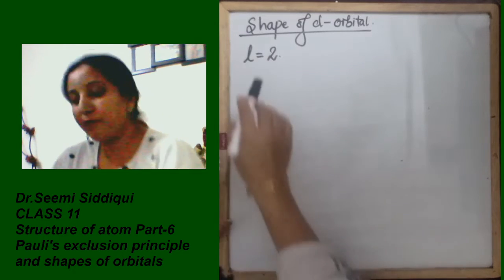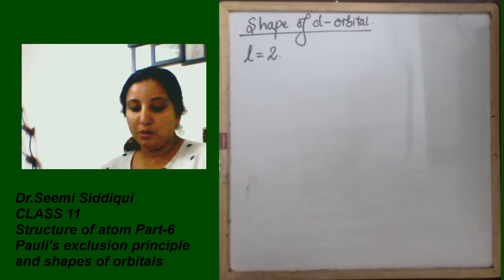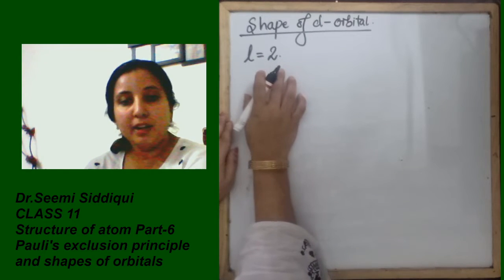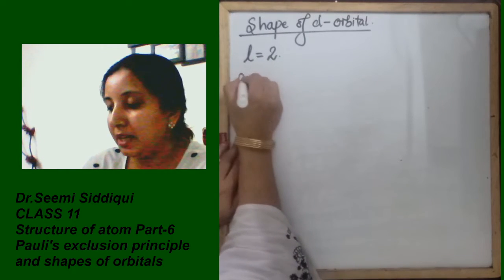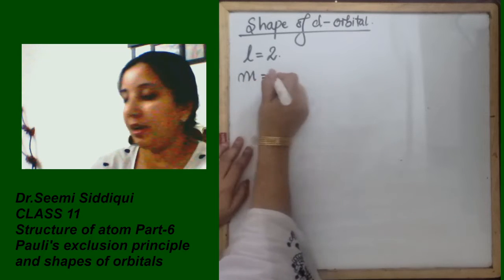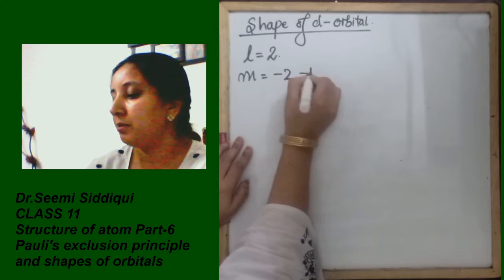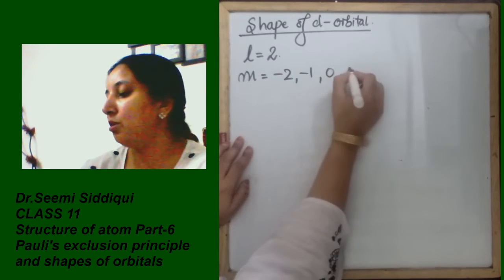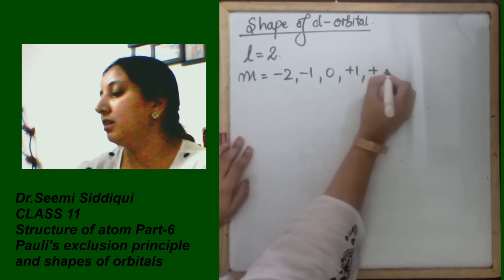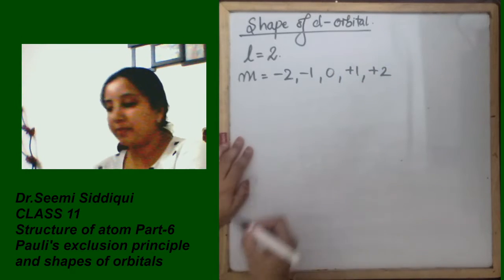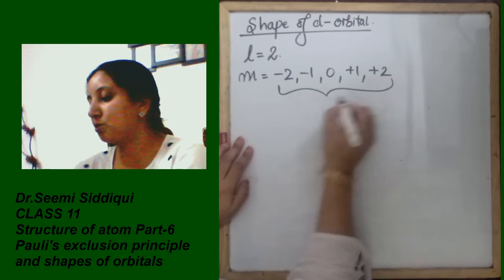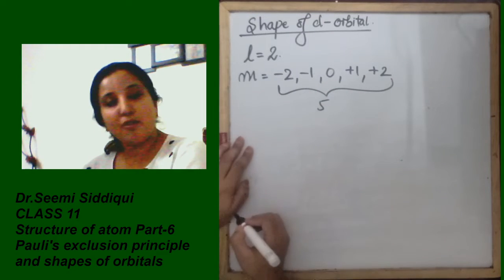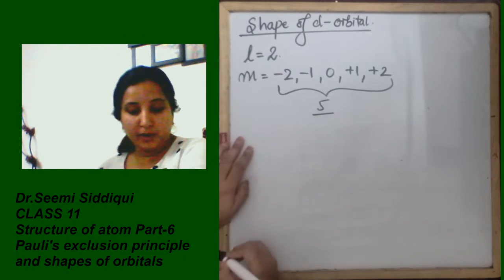When the value of L is 2, M is going to be minus 2, minus 1, 0, plus 1 and plus 2. It means it is going to have 5 orbitals over here.